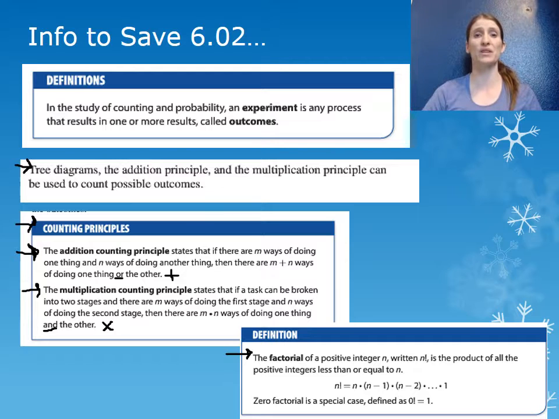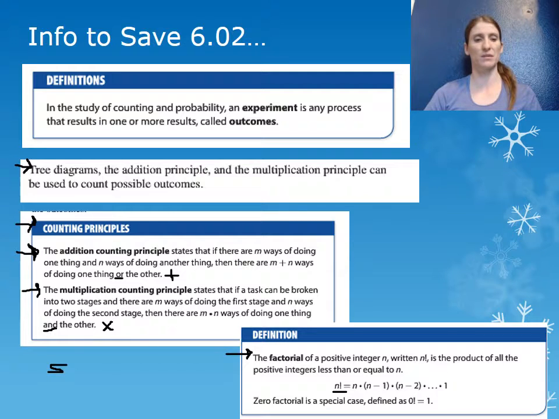And we use factorials to help us find counting principles or total outcomes. But a factorial is represented by this right here, where you see n is the number, and then that exclamation point means factorial. So what that really means is that you're taking the number n. So let's say if it was 5 factorial.